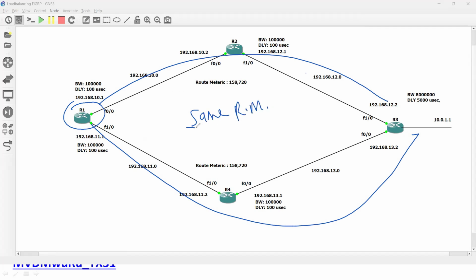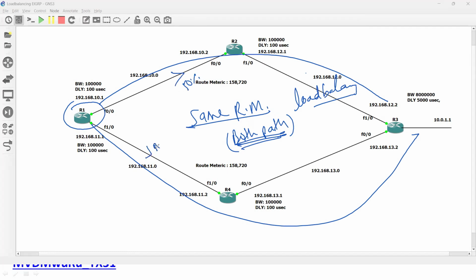It means both paths will be selected as the best path, and here the load balancing will be done. That means 50% data will be forwarded through this side and 50% through this side. This is called load balancing, and it is done on the basis of these route metric values.